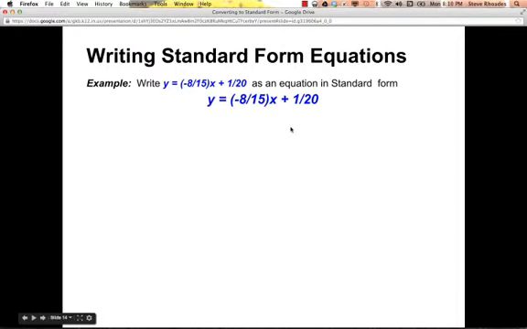We want to first of all find a least common multiple. In this case, our denominators are 15 and 20. If you take the multiples of 15 and the multiples of 20, the smallest one that they have in common is 60. So we are going to multiply both sides of the equation by 60.